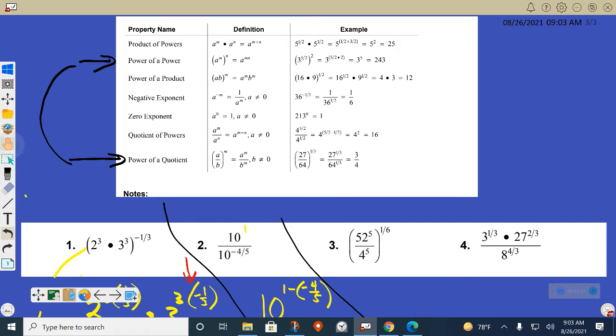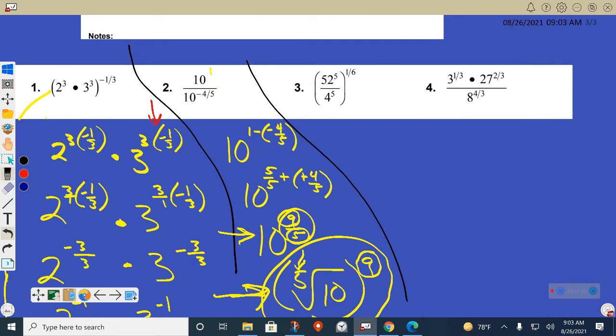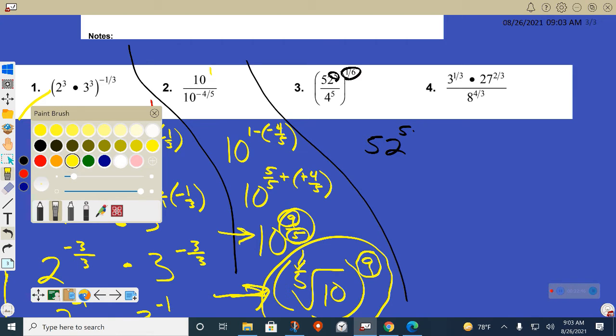Let's do it. So I'm going to rewrite this as 52 to the 5 times 1/6 power. Because look, with a power to a power, you multiply those exponents.